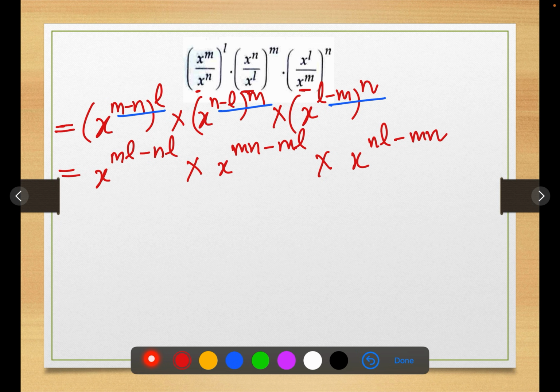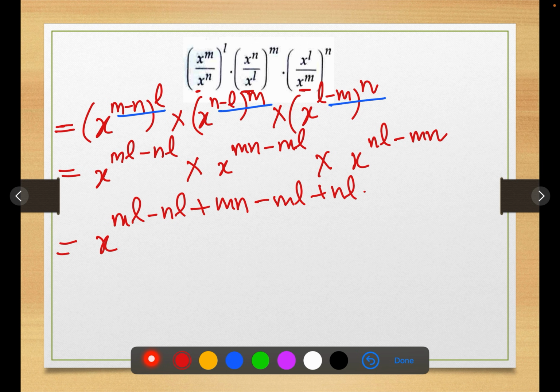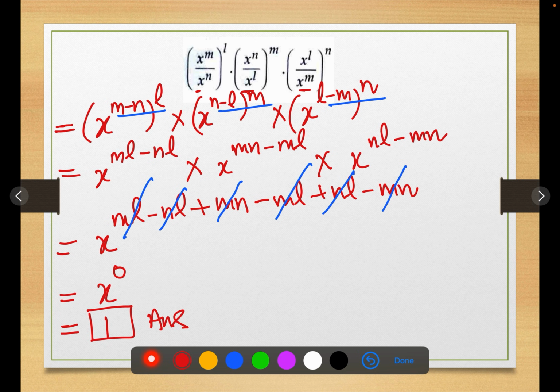Now since it is in division, I'll add all the powers, and I hope you all have already observed that it will now be reduced. This 1 plus 1 minus 1 plus 1 minus 1 plus 1 minus, what am I left with now? X to the power 0, which is 1, my final answer. Easy busy?